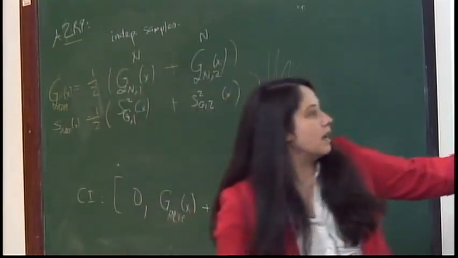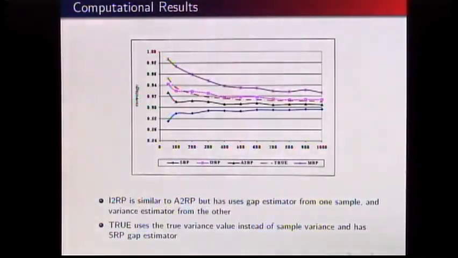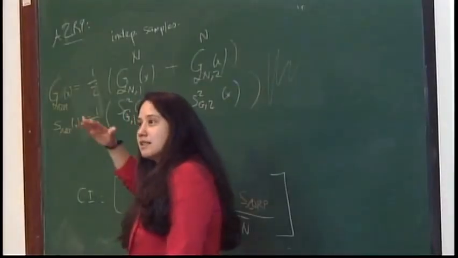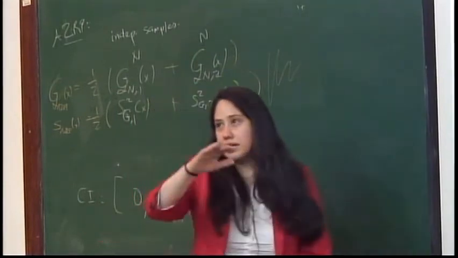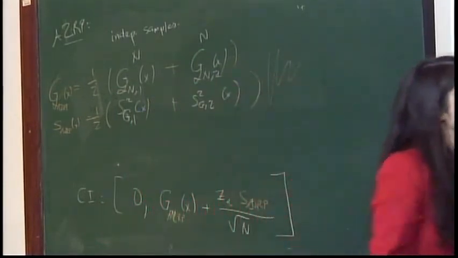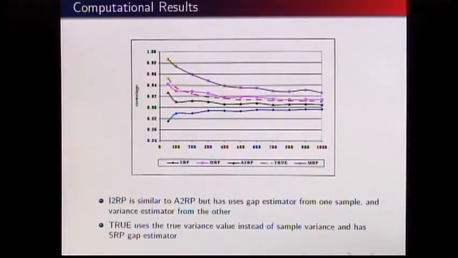So this independent 2 replication, it increased the probability, still going up. But you've already generated 2 samples. Just use both of them and get something a little lower because you want 90% confidence. And then the true uses the true variance estimator. Okay? So that's the single replication procedure, but I do recommend doing the 2 replication procedure.